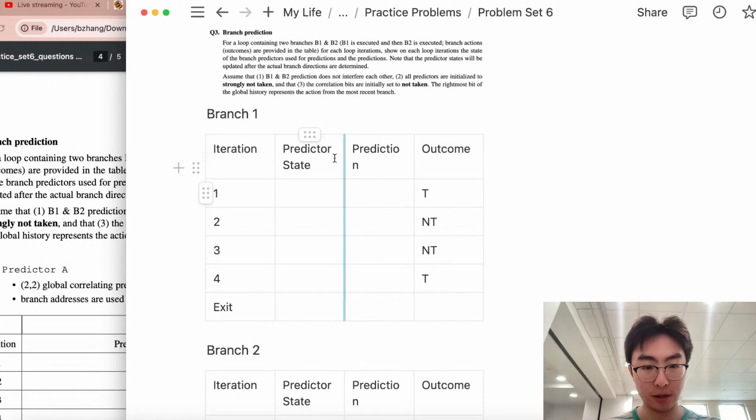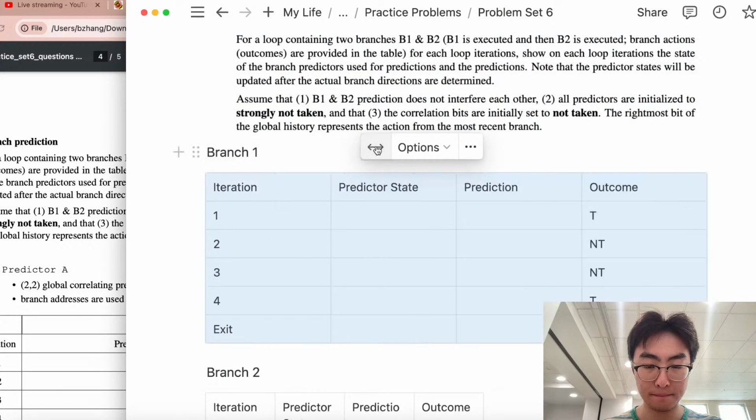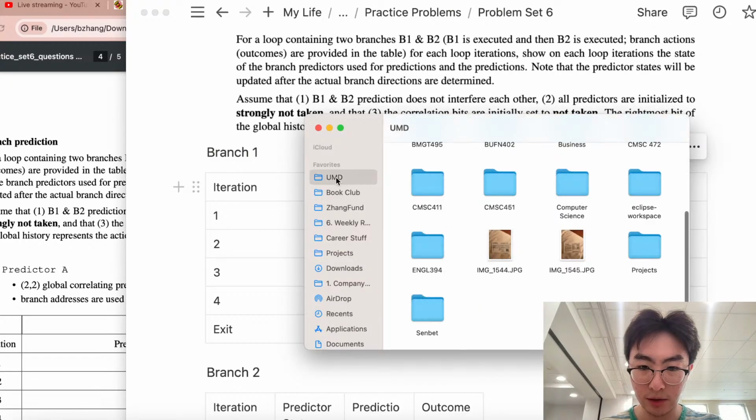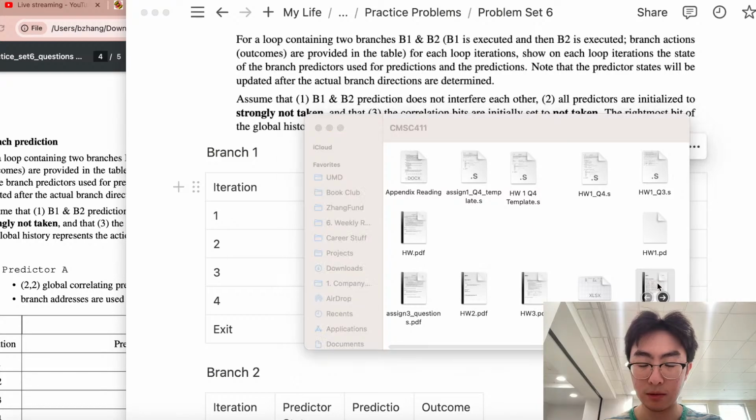So initially it seems like the predictor state is... Alright, let me see something actually, because I want to make sure the homework I submitted was actually legible.